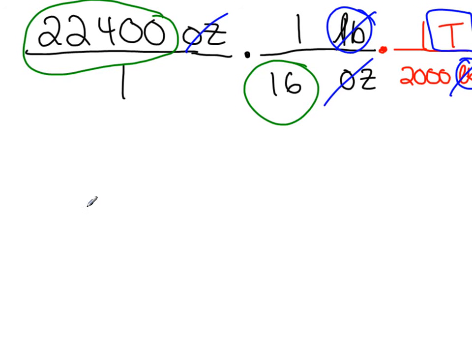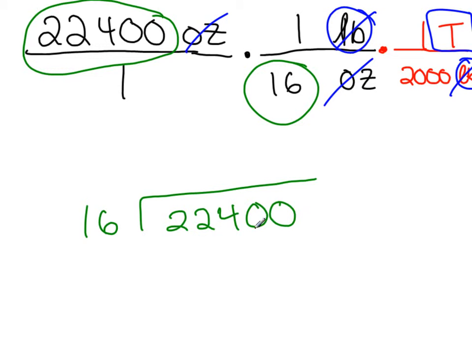So a little bit of space is called for. 16 dividing into 22,400. Now you could do this a couple of different ways. In fact, I'm almost tempted to cheat and say, well, I saw the ending zeros, I could cancel them off. But I'll save that for later. So you can divide however you see fit. Just make sure you keep track of yourself and you don't accidentally divide something twice.